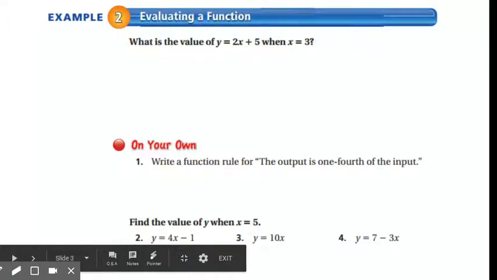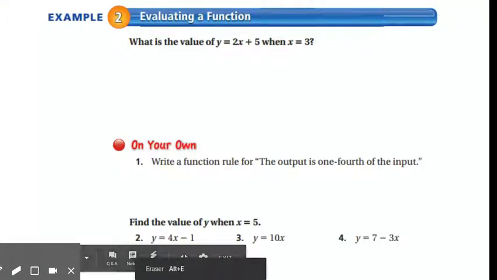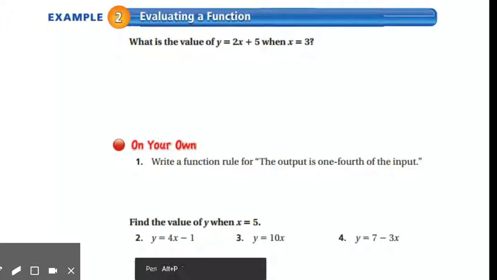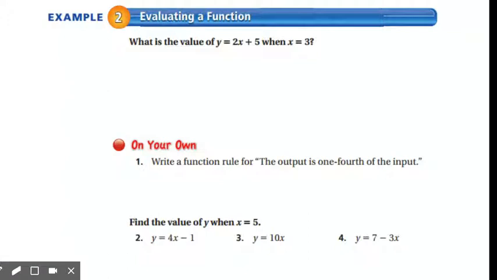So for example 2, this is also pretty simple. Definitely something that we've done before when you were in 7th grade, possibly even earlier than that. So when it says, what is the value of y equals 2x plus 5 when x equals negative 3? All you're going to do is take this x equals negative 3 and plug it in for your x right there.